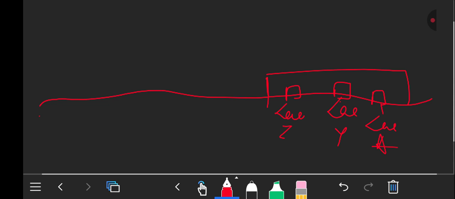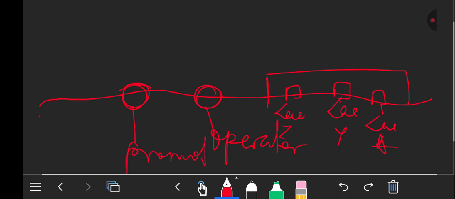Then this side we have the regulatory portion, which we've said is made up of the operator. So let's have an operator there. Then other than the operator, it is made up of the promoter. So this is the promoter. Behind the promoter, we have the lac I there.